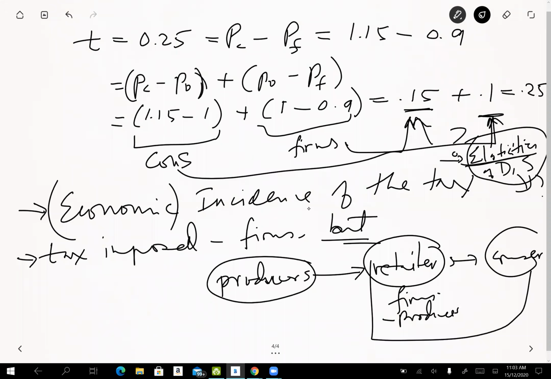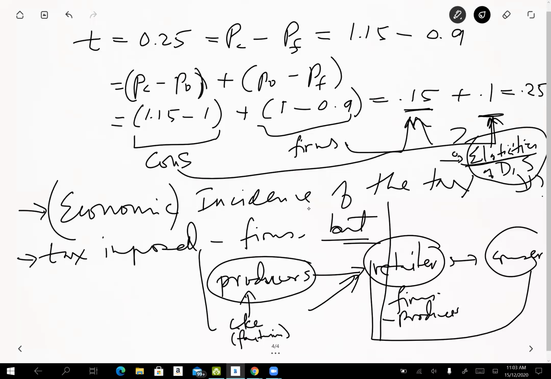Now, if you break out the market, of course, you have a secondary market. The producers, that means if you are selling Coke, that is the factory. When the factory produces the Coke, they will sell to the retailer. So in that market, who is the buyer and who is the seller?